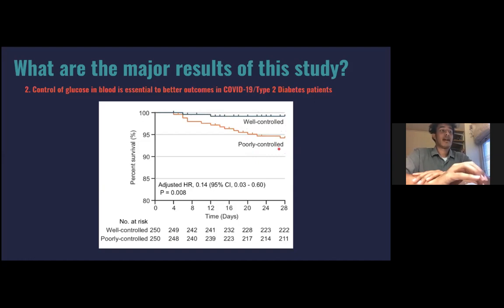So this implies that one of the most important things in good outcomes for COVID patients with pre-existing type 2 diabetes really is just good control of blood glucose. And remember, healthy blood glucose in the study is defined between 3 and 10 millimolar per liter. Okay.